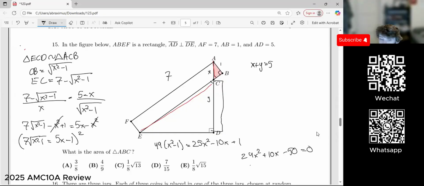I am going to skip the quadratic formula and tell us that the positive root for x is 5/4, and that means that according to the Pythagorean theorem, BC would be 3/4, and so the area is going to be 1/2 times 1 times 1 times 3/4, which is equal to 3/8. So the answer is A.